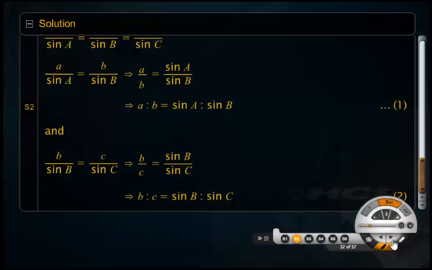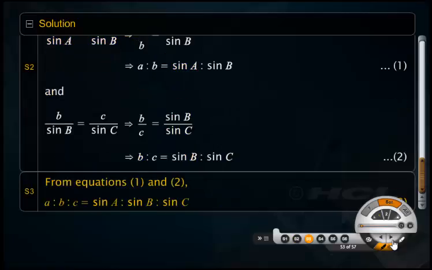Using the sine rule, we can write the ratios a to b and b to c as shown. From equations 1 and 2, we can express the ratio a to b to c as equal to the ratio sine A to sine B to sine C. Let's call this equation 3.